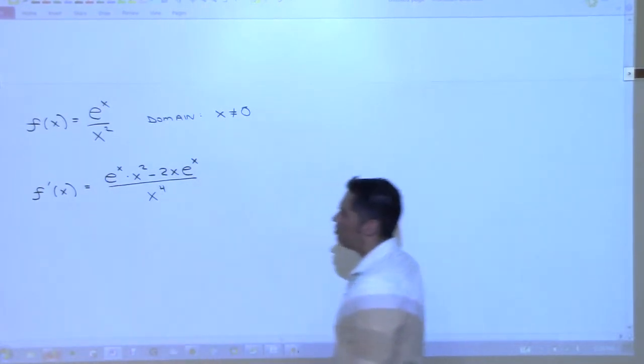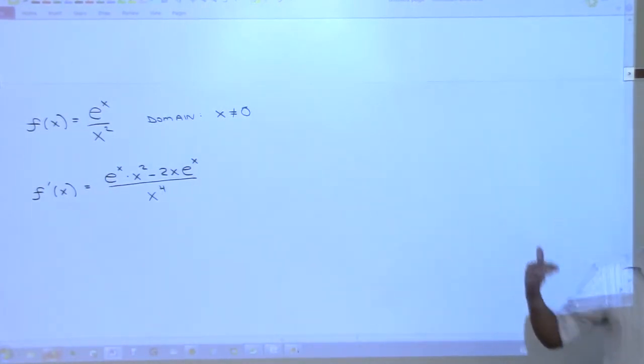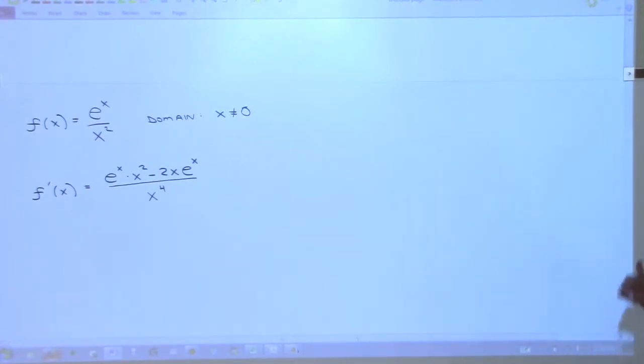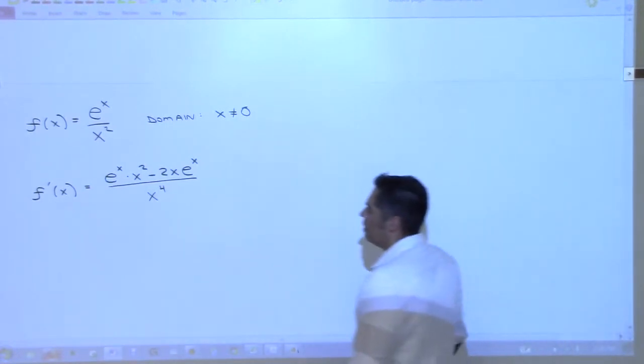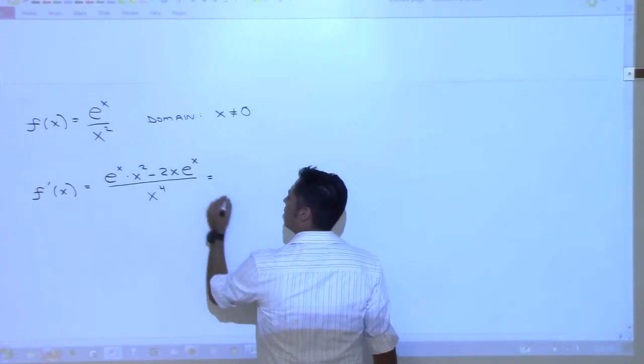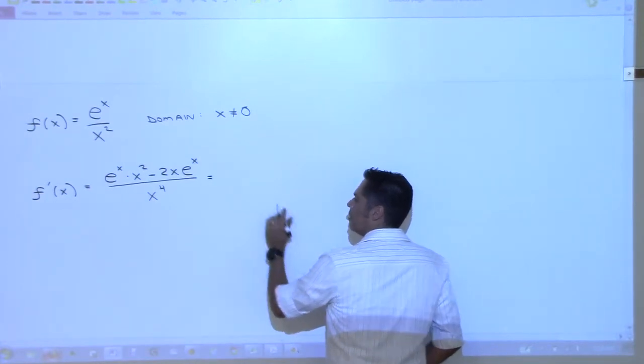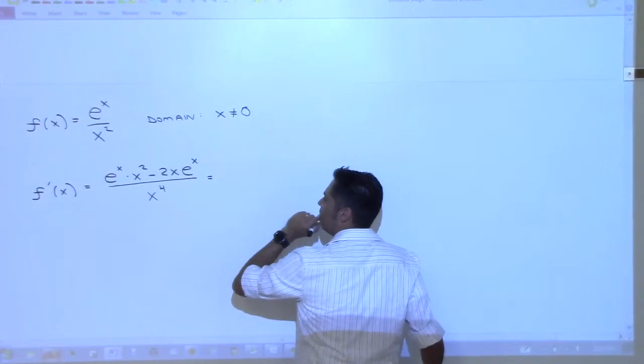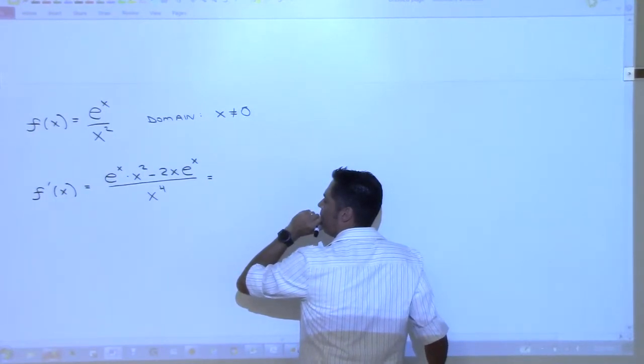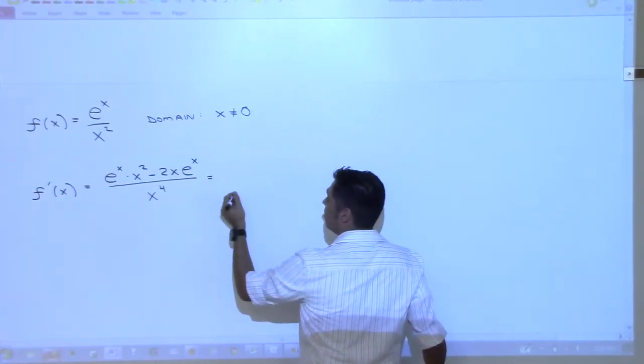So that was my quotient rule, wasn't it? Derivative of the top times the bottom minus derivative of the bottom times the top. And I will clean this up a little bit. Notice that the numerator has a GCF, doesn't it? Greatest common factor? Of what? What can I pull out? An e to the x and an x, right?